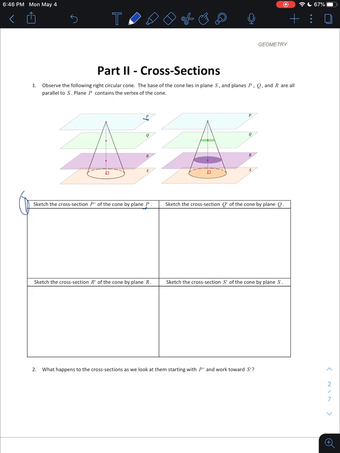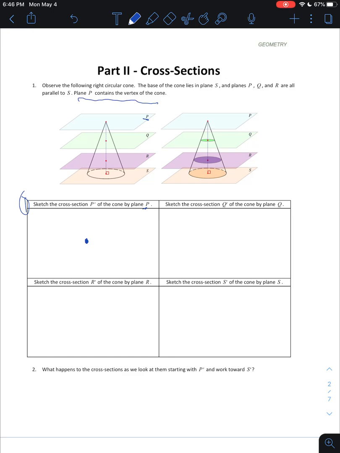As was said in the setup, plane P contains the vertex of the cone. So that means that this plane has the top of the cone. So the only part of the cone that's on this plane is just a point. So that would be the cross section of the cone by plane P.